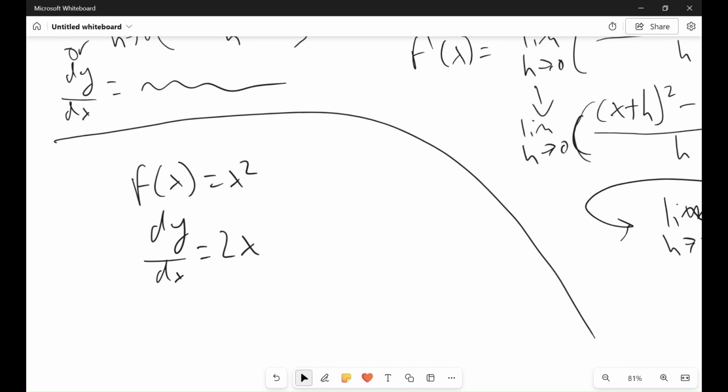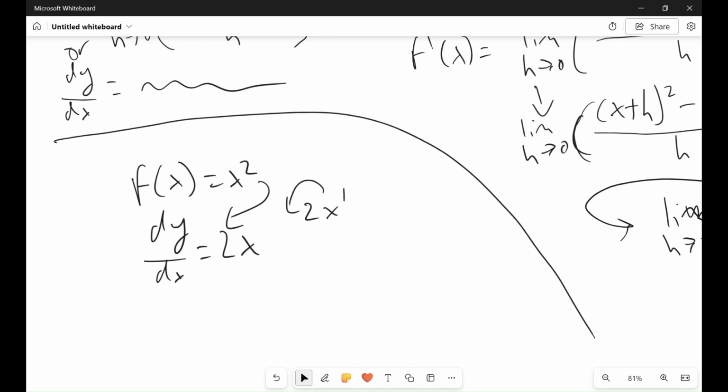So, looking for patterns here. Generally speaking, what I notice is, obviously I know the answer, but from here to here, the 2 was moved out in front, and then the exponent was decreased by 1.